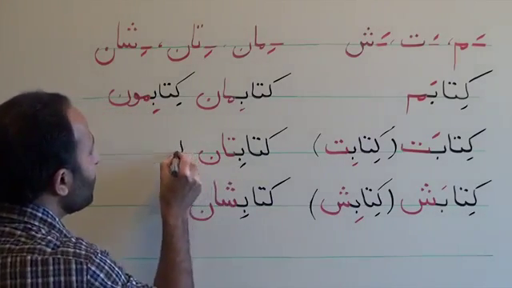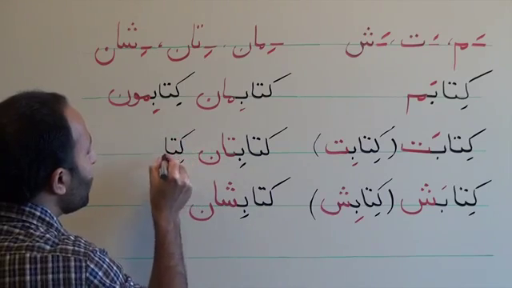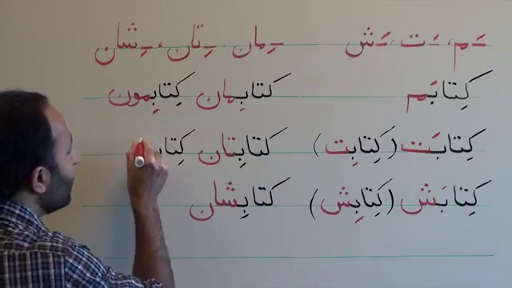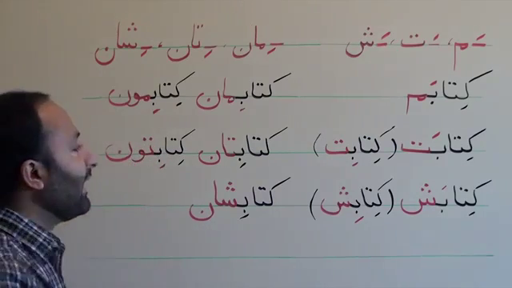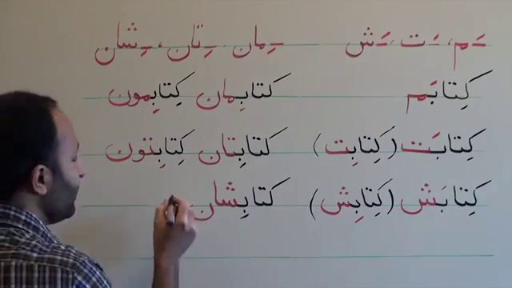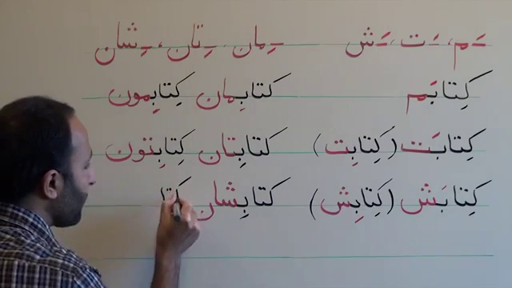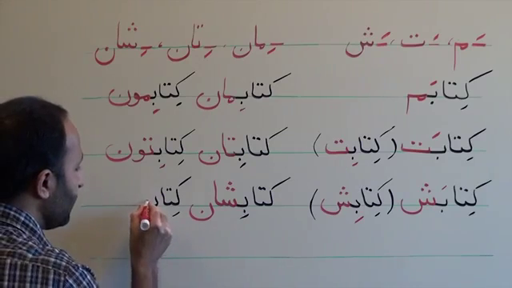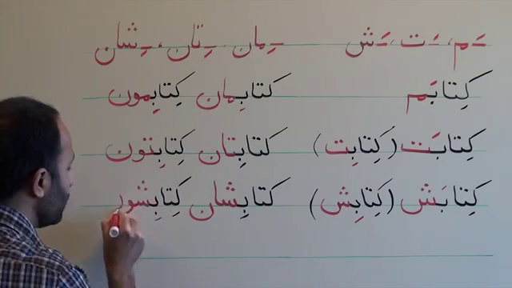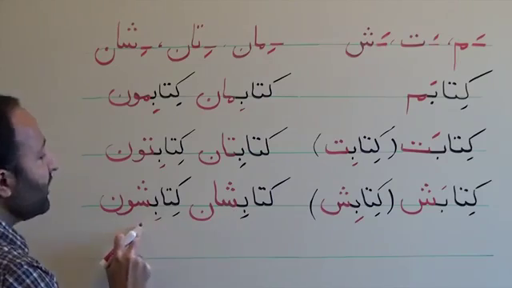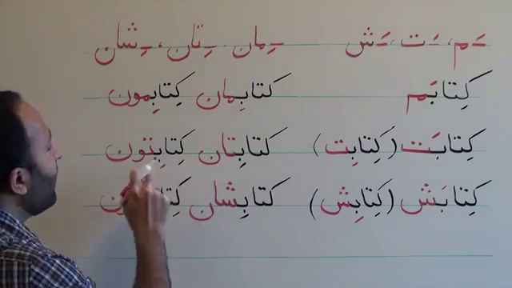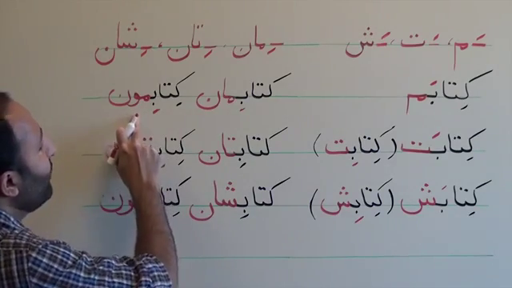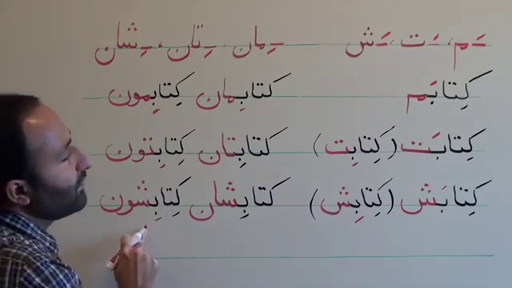Kitabetan changes to kitabetun. And kitabeshan changes to kitabeshun. Our book, your book, and their book.